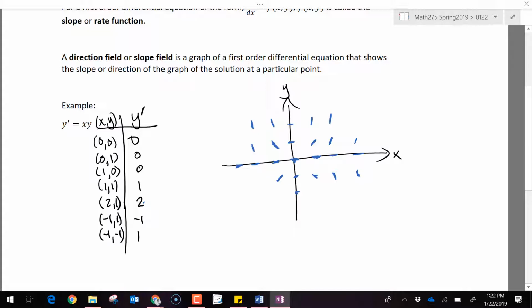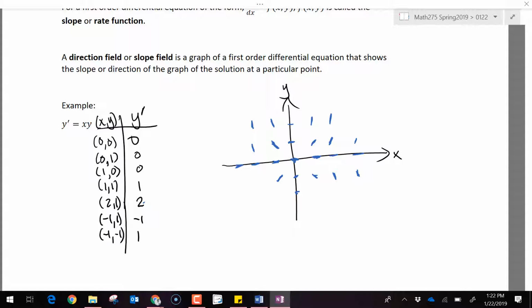So this is a slope field. This is more or less how a slope field would look. And what happens here is that these are the slopes of your differential equation at any particular point.